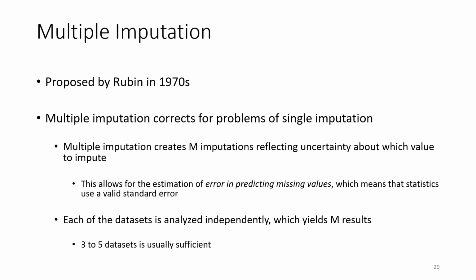If we have wildly different values that we impute, that means that our prediction is not very strong, and that is reflected in the values that are imputed and can be estimated as a standard error, an error in our estimate. So typically 3 to 5 data sets are sufficient, and I'll talk a little bit more about that and other aspects of multiple imputation on the next slides.